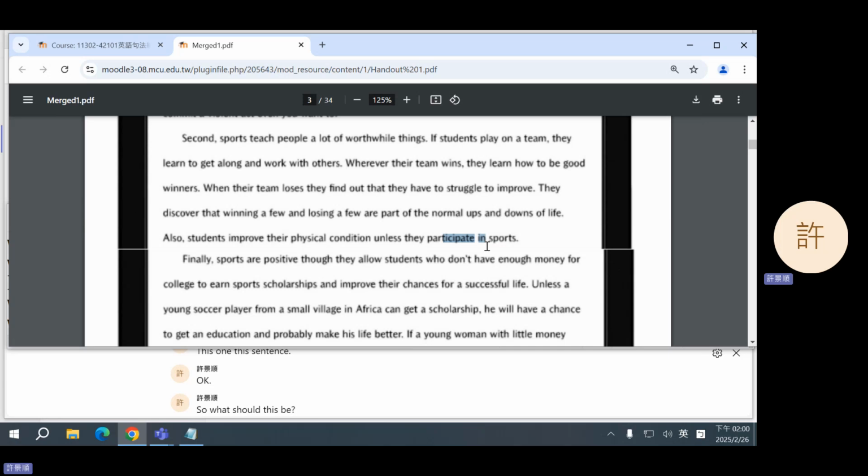No, participate in is correct. What if I told you it's a logic problem? Good, not unless. If. Thank you. Right? If they participate in sports, they will improve their physical condition. Unless goes in two different directions, but we want them to go in the same direction.